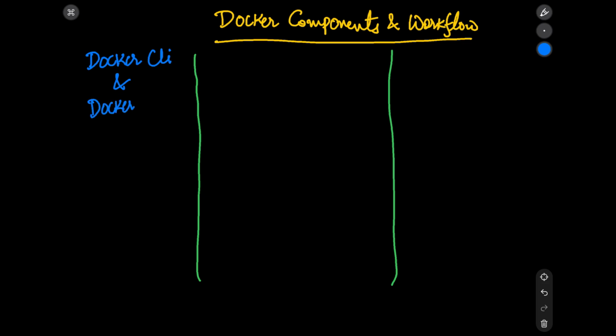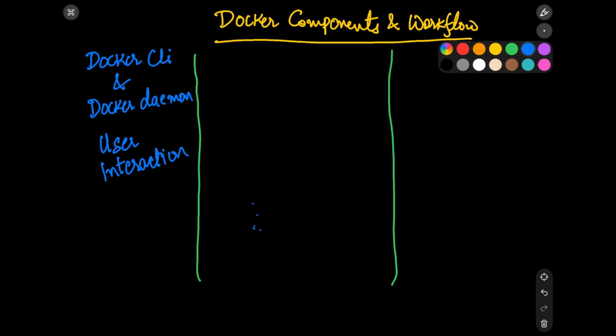I'll divide this into three categories of how Docker currently works and how the data flows. First is your Docker CLI and Docker daemon. These are the very high level user interaction tools where you and I will basically interact.